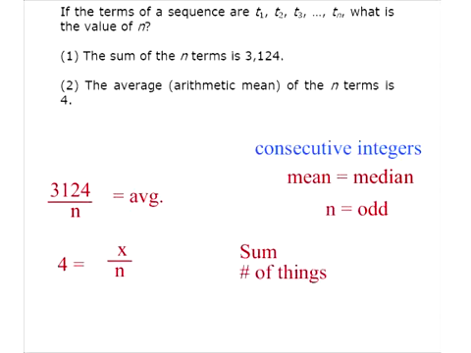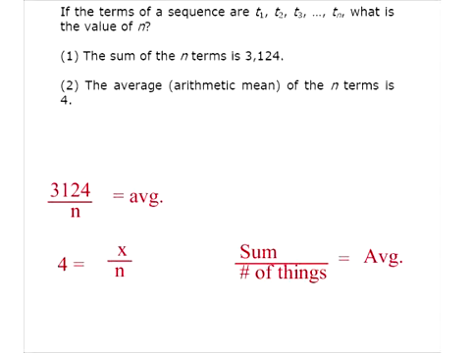Ultimately, this whole question just hinges around the typical formula for finding average: we have the sum, we divide by the number of things, and we get the average. The thing is, we think of average so much in real life as performing this calculation, but when you see it on tests such as the GMAT, they almost never give you the sum and the number of things and ask you to calculate the average, because that's too straightforward. They'd much rather give you the average and the number of things and have you calculate the sum, or in this case, the sum and the average, and have you calculate the number of things.